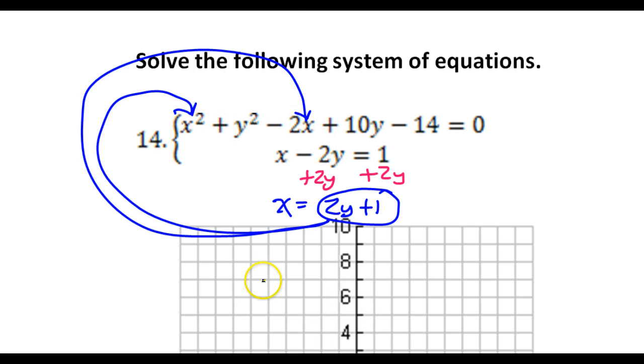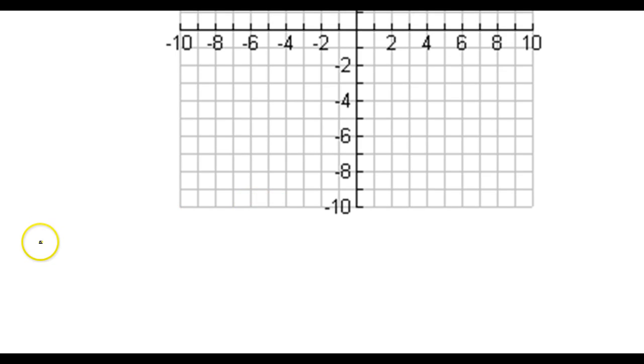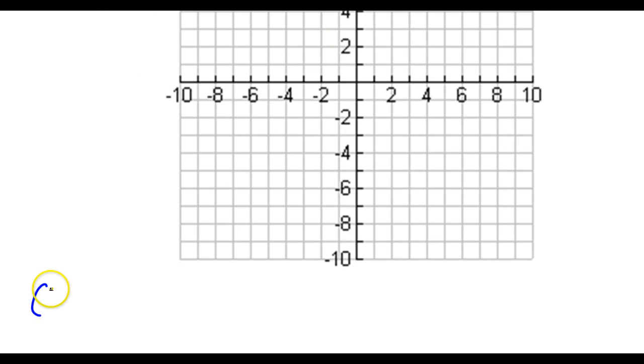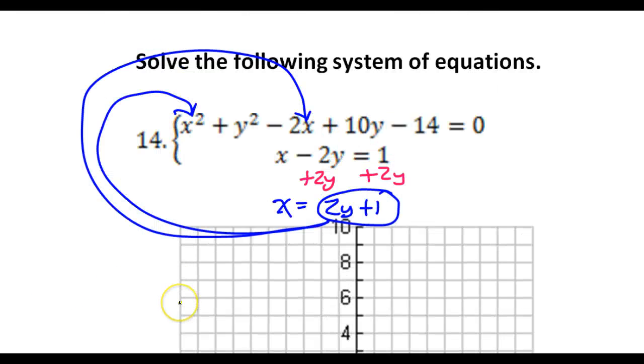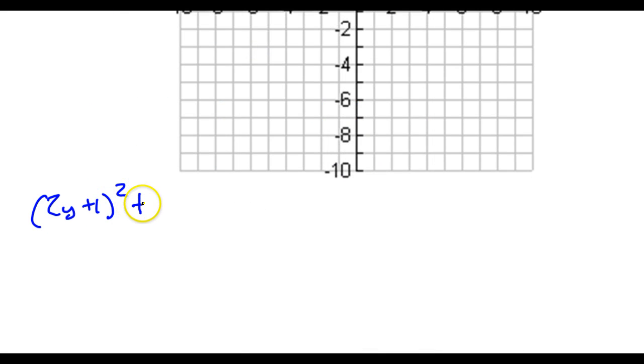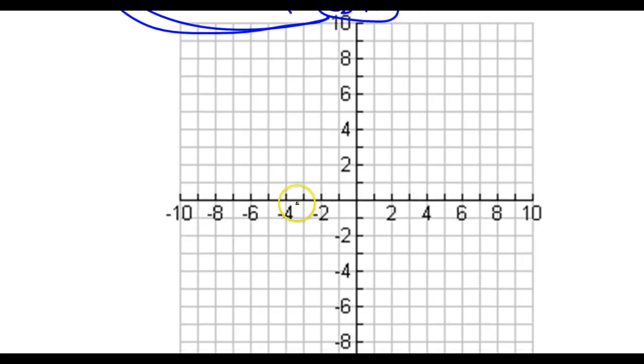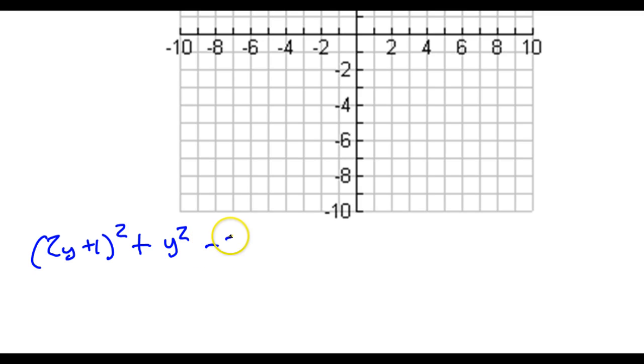So this was x squared, so that means down here I'm going to have 2y plus 1 squared. All right, and then we have y squared, so I'll just bring that down. Okay, and then we had minus 2x. So that'll be minus 2, but instead of x, again, I'm going to put another 2y plus 1 in that spot.